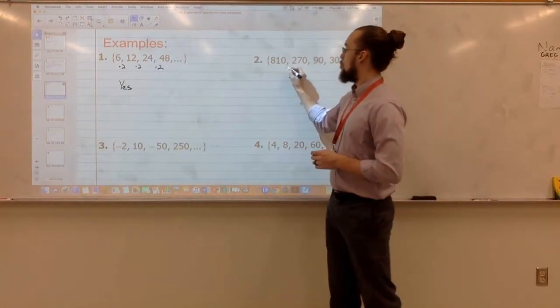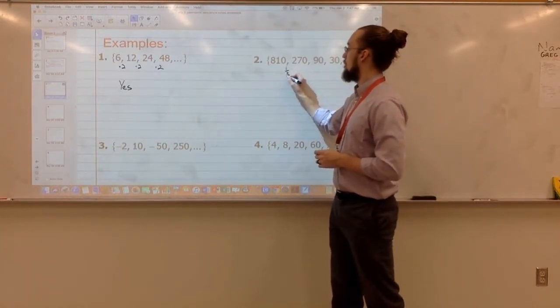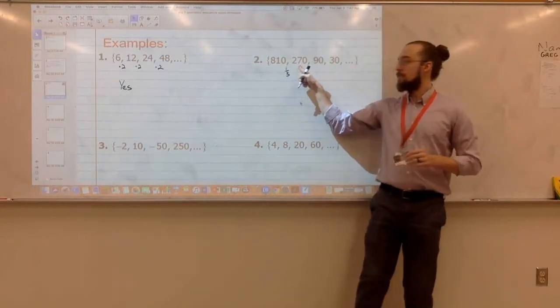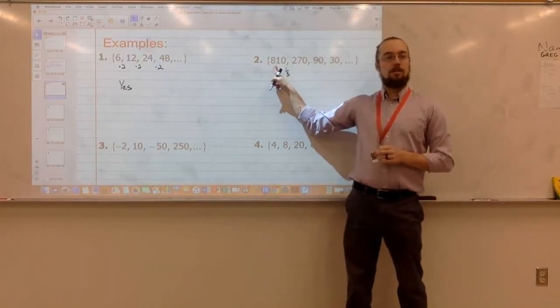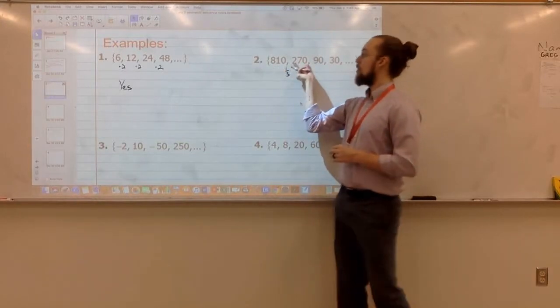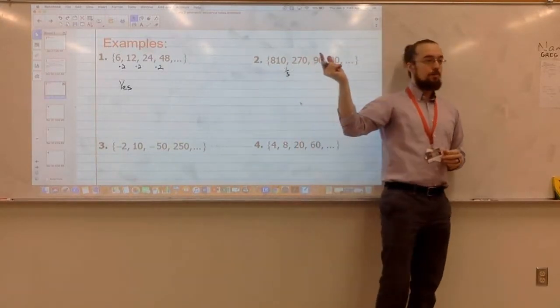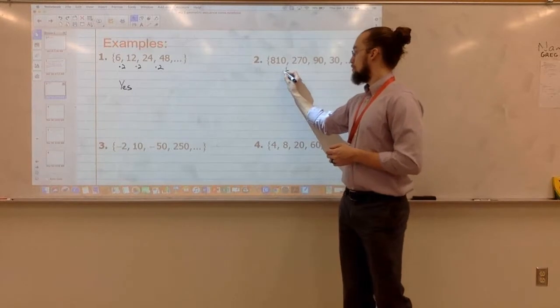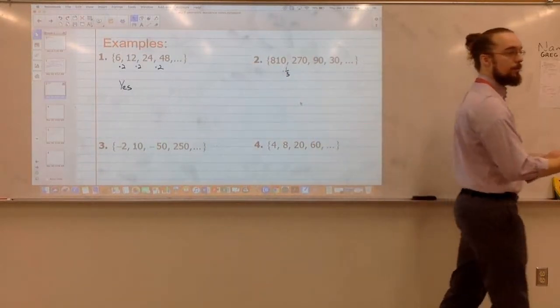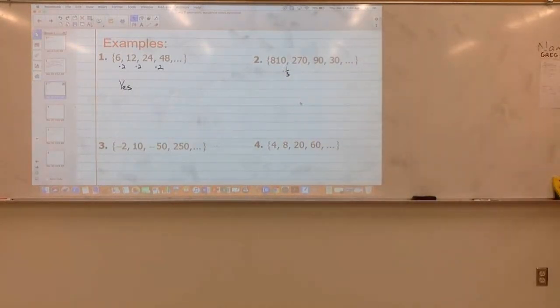"I think it'd be 1 over 3, right?" Yes. We're always taking one number and dividing by the term before it. You would get 0.3333, or as a fraction, 1/3.